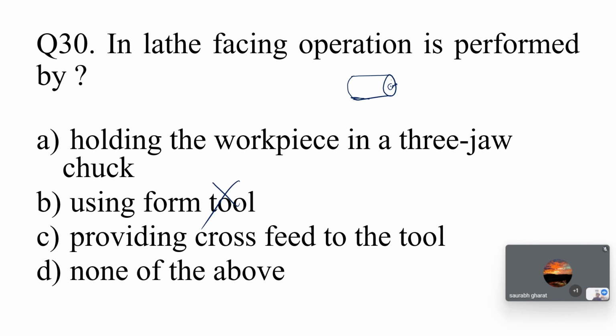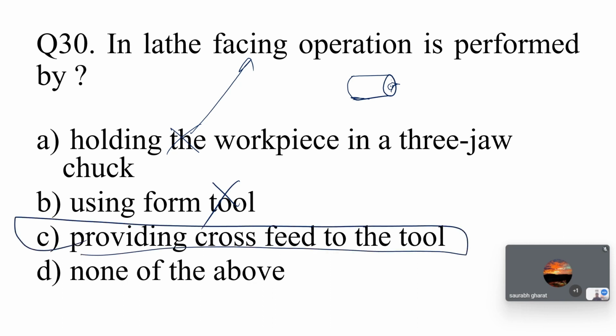We can do turning also, we can do drilling also, we can do everything there. So this can't be specific to facing. Only the way the feed is given matters, so providing cross feed is the only correct answer. Only the cross feed can give you the facing operation.